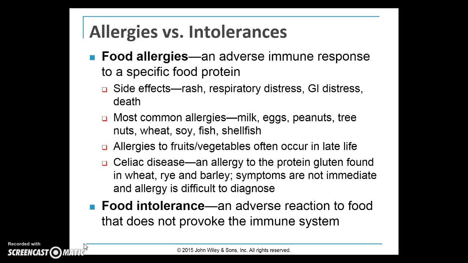Let's talk a little bit about allergies versus intolerances, proteins and foods. When protein from the diet is absorbed without being completely digested, it can trigger a food allergy.